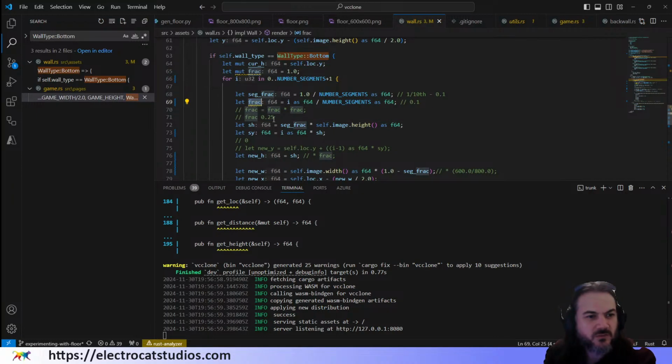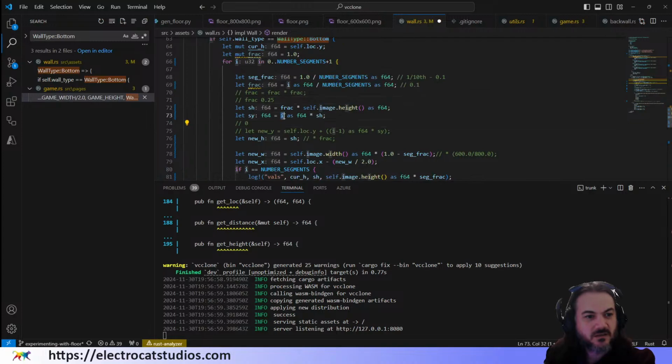No, it should be the fraction of the image width. Yeah, that's right. And then the start y is the i times sh, so it starts at 0 and then draws it.